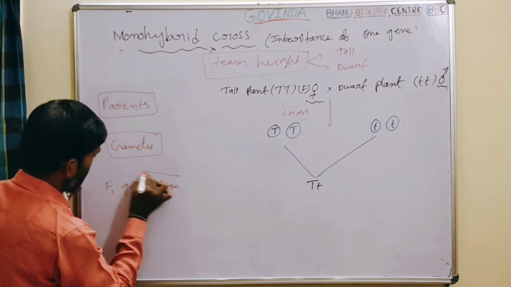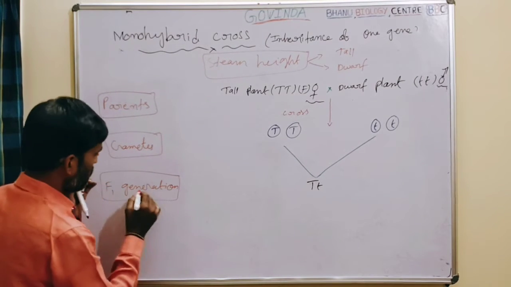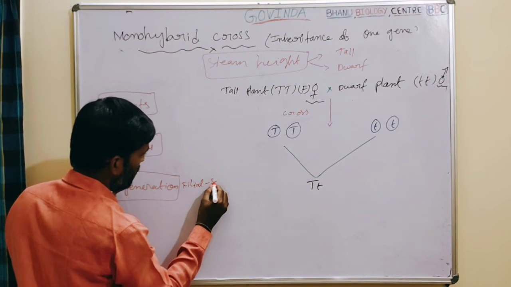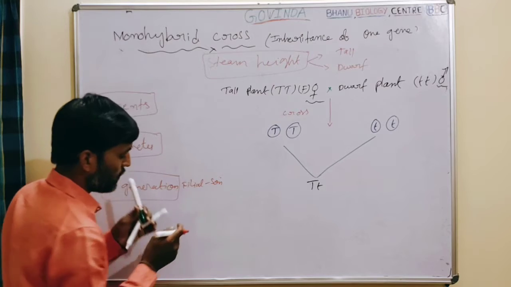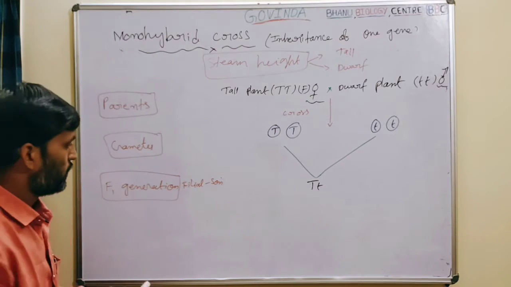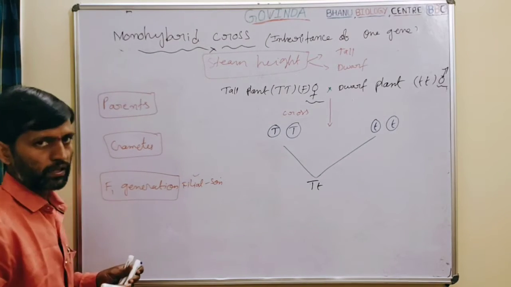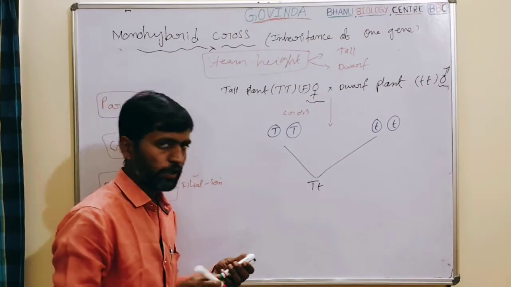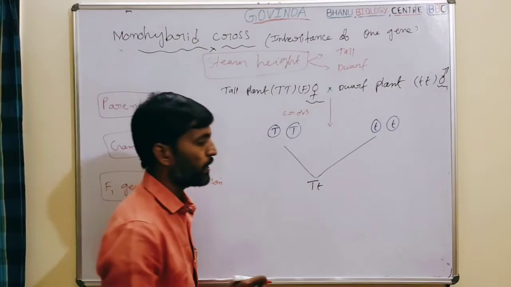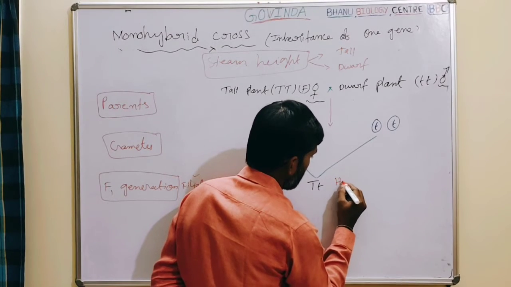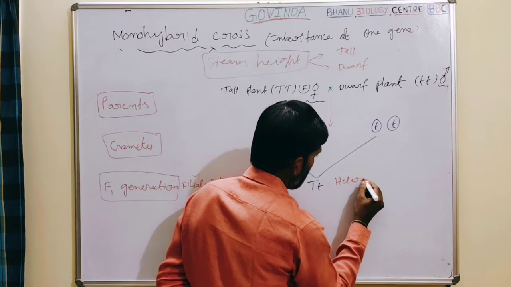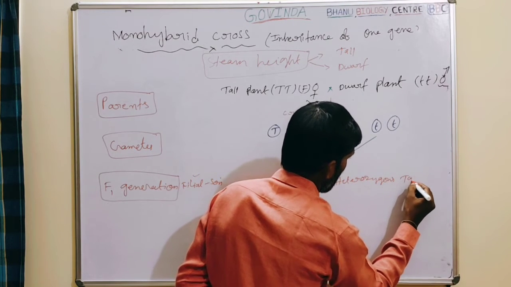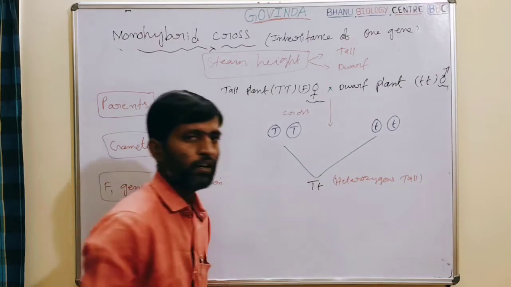F1 means filial, which means son in the Latin language. So all the plants produced in the F1 generation are in the heterozygous condition. Here these plants are called heterozygous tall.